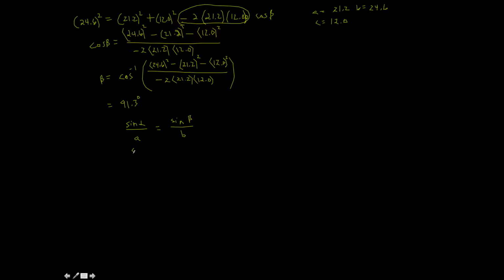I have the sine of alpha all over 21.2 equals the sine of 91.3 degrees. Make sure your calculator's in degree mode. All over 24.6.